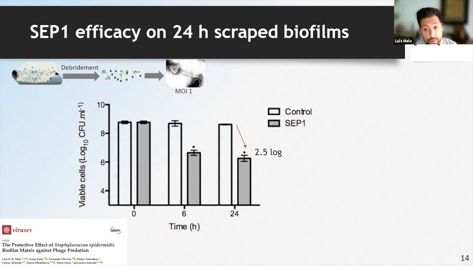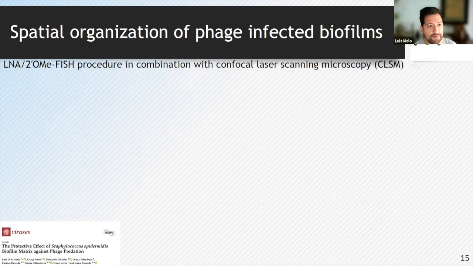So to understand what's happening in the biofilm, we developed a FISH probe, using DNA mimics, and we performed it in combination with other fluorochromes to observe the biofilms on confocal laser scanning microscopy. The probe was developed to target the Staphylococcus epidermidis cells that are infected with the phage.